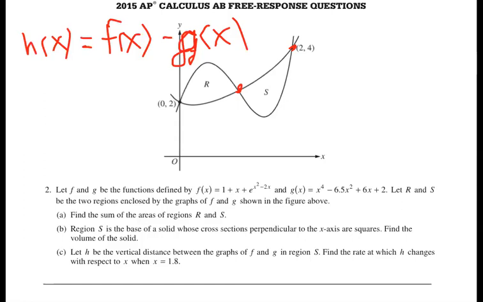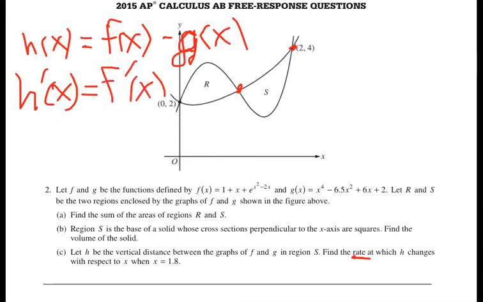Okay, and then it says find the rate at which h is changing with respect to x at x equals 1.8. So find a rate. The rate is a key word there. I hope you all know that means derivative. So we're going to do the derivative of f of x minus the derivative of g of x.